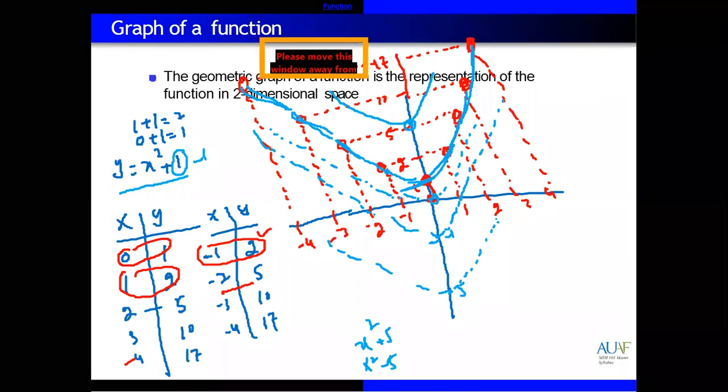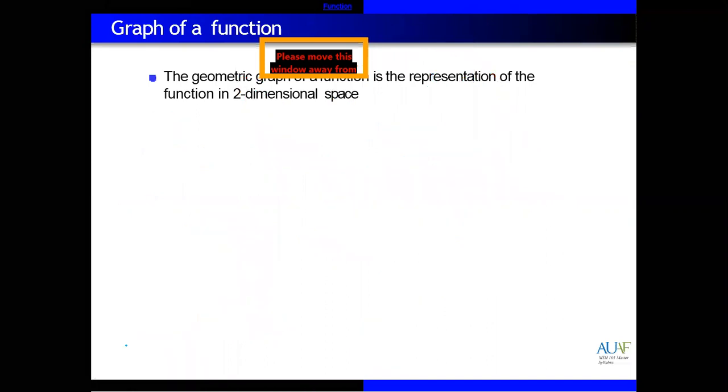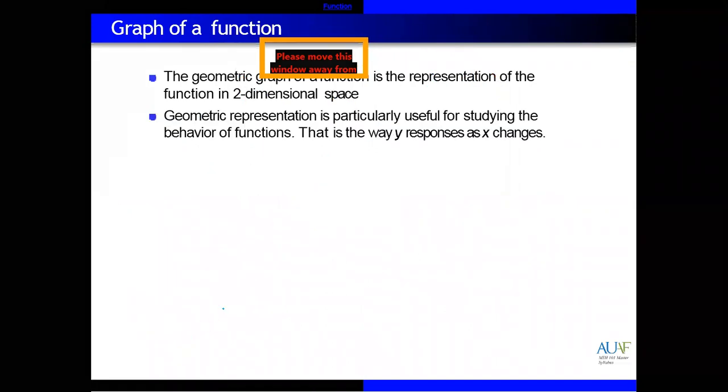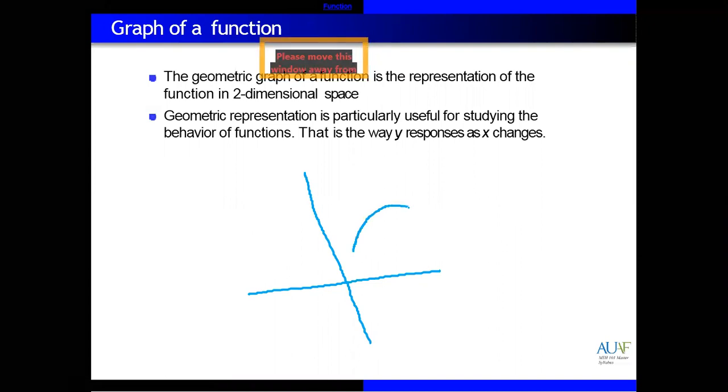For example, let me try another graph. Let's suppose this is 5, and this one is actually 10.